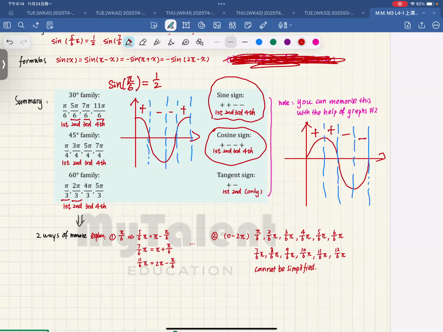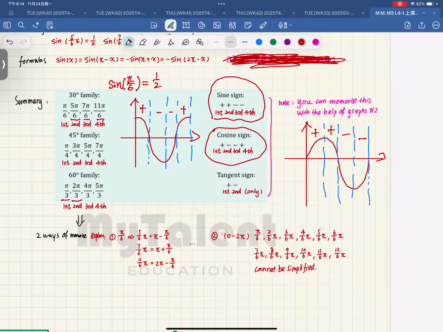Ethan, you good? No. I know how you do it, but I don't know where you get positive, negative. Don't worry. I'll use the sine graph as an example, okay? That's the sine graph, and that's pi.